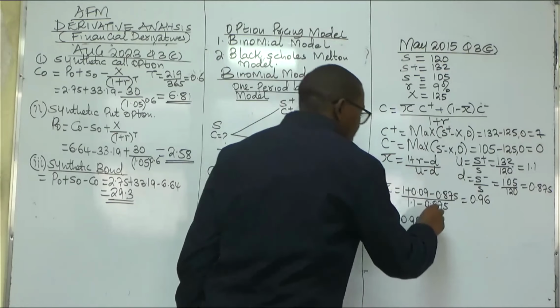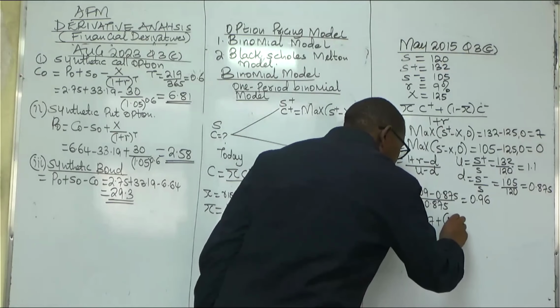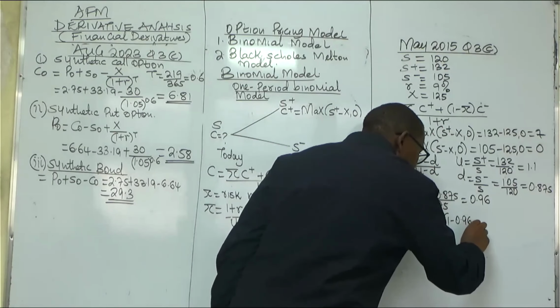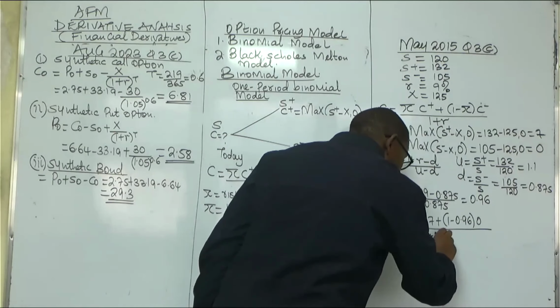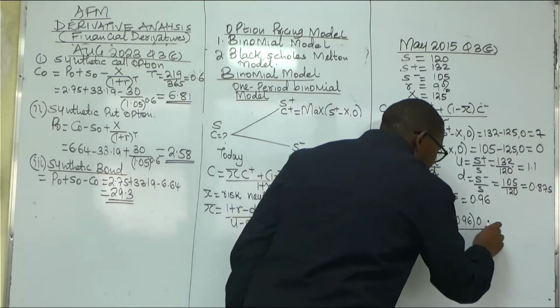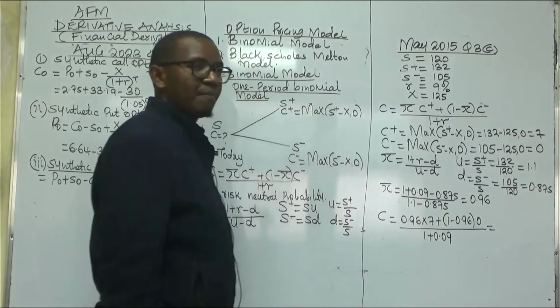C plus is 7, times 0.96, plus 1 minus 0.96 times C minus, which is 0, then divided by 1 plus R, 0.09. How much is it giving you?